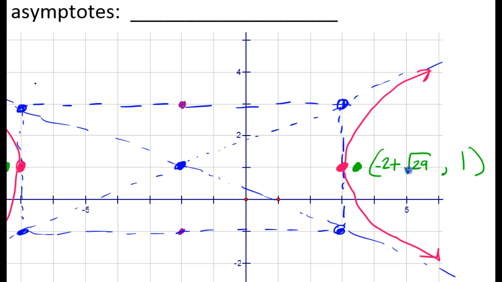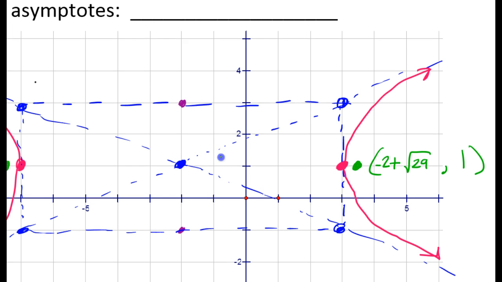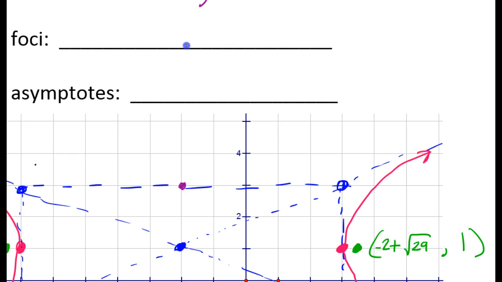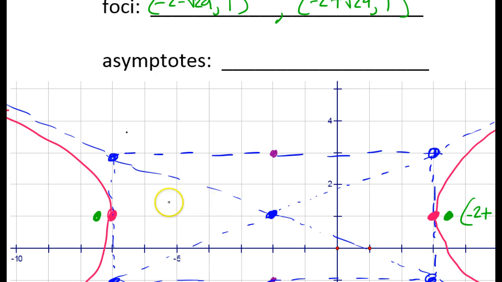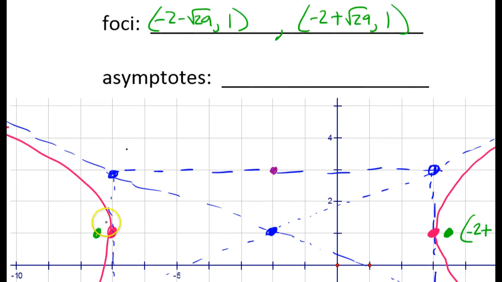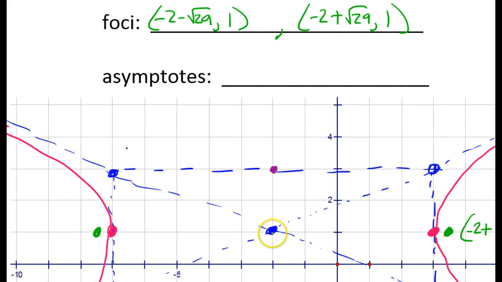So this is the expression for the x coordinate of this point: -2 plus radical 29. So I will have one focus at -2 plus radical 29, comma 1. Similarly, the other focus will be -2 minus radical 29, comma 1. It's still at a y value of 1, but it's starting at -2. We're going to the left by radical 29, so we're subtracting radical 29.